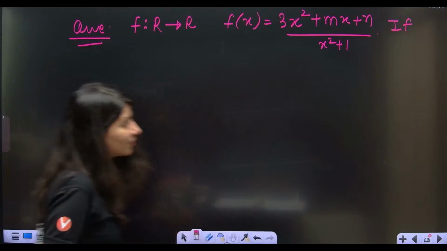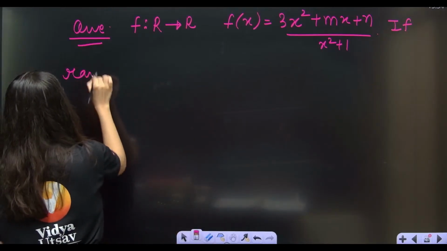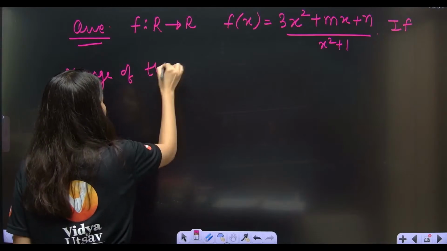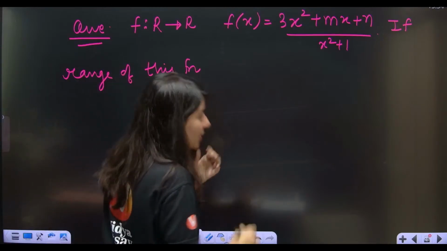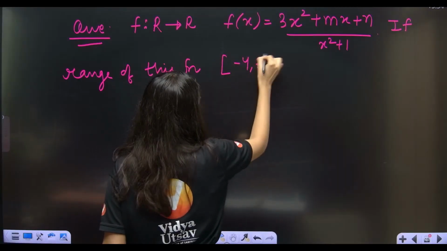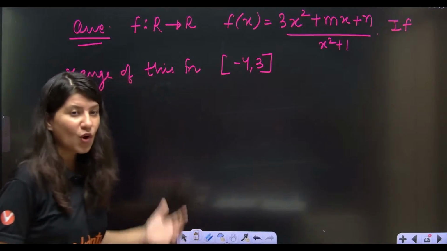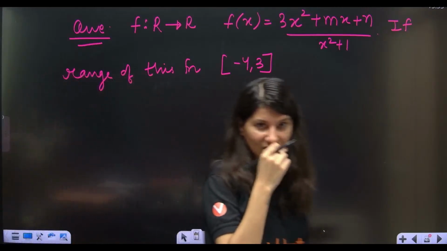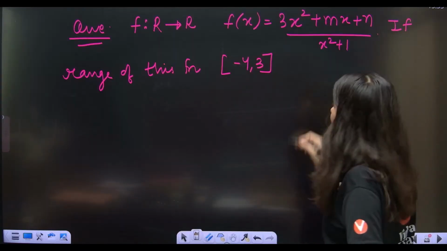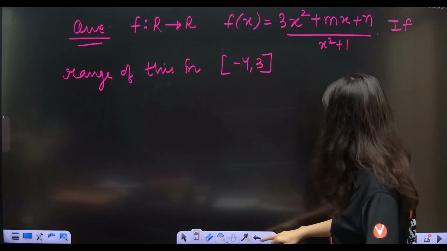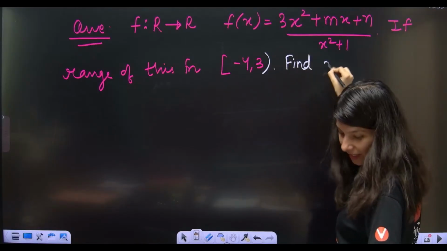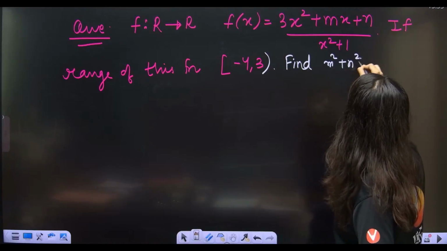If the range of this function is [-4, 3], now you have two options. Go for the ninja technique we just saw, or go for the lengthy method. I told you everything. If the range of this function is [-4, 3], find m square plus n square.